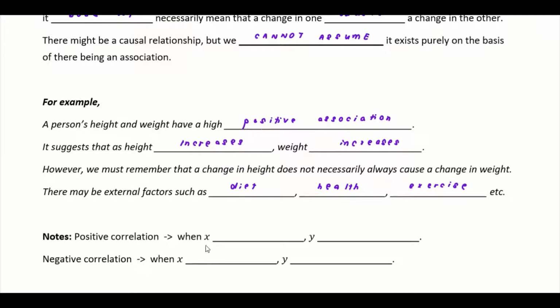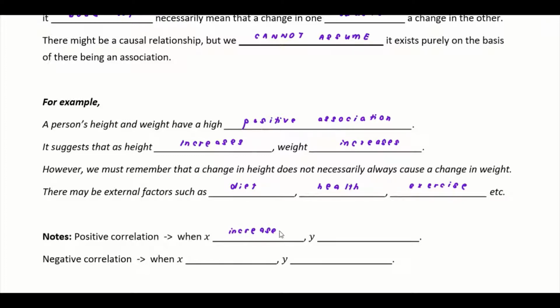So these are some notes that you might see in your exercise and so on. When we talk about positive correlation, we will look at this word in a much more concise manner when we move into numerical data. I think it's helpful to just mention it here. Positive correlation is like positive association, which means that when X increases, Y increases as well.